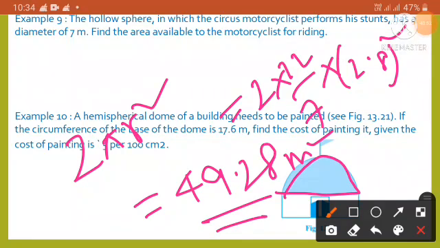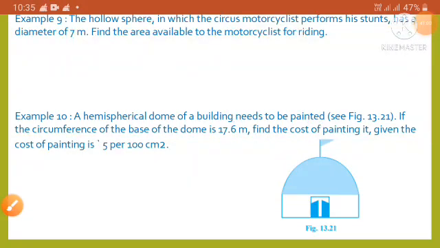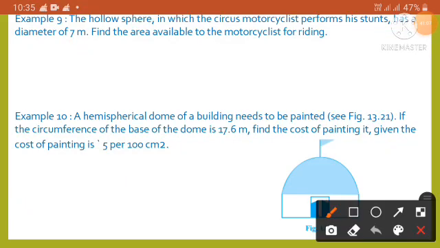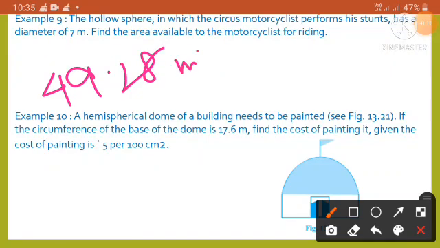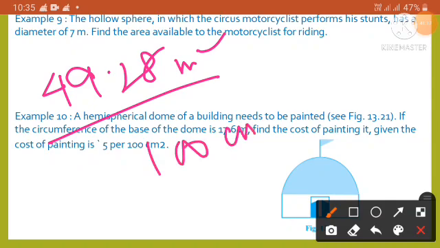So it is the curved surface area of the dome. Okay. So now we have to paint the hemispherical dome.